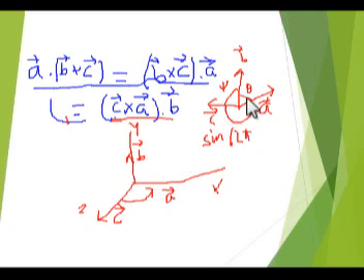Actually the angle is psi plus theta, so sine psi plus theta. So it is very long to calculate this, but I am just doing a short way to formulate this. C cross A has sine psi plus theta, and then with B vector.